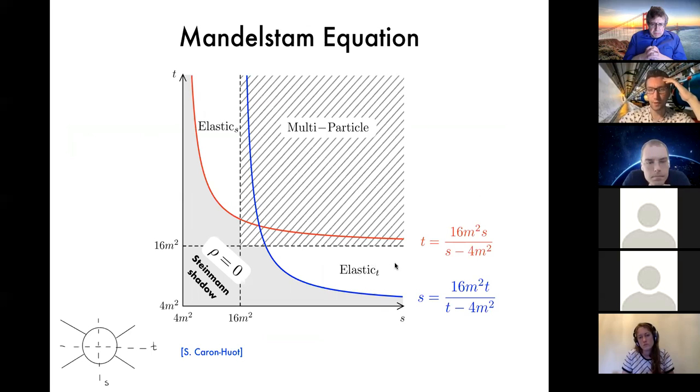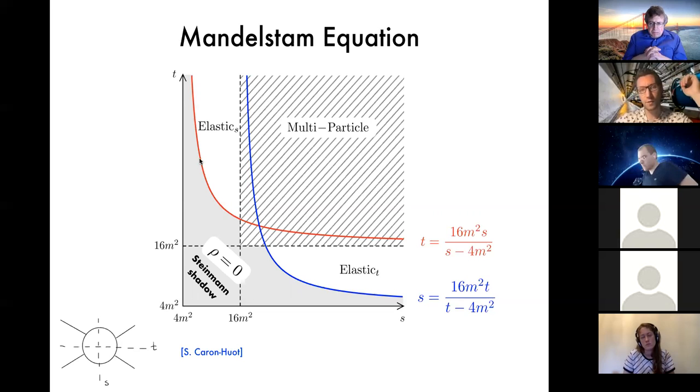The same here. So here, if you wish, we have control over the double spectral density. When both S and T are larger than 16, this is the hard multi-particle region. This is where the dragons live, and where all the complicated stuff lives. Complicated physics, which would be interesting to discuss on some other occasion, maybe.